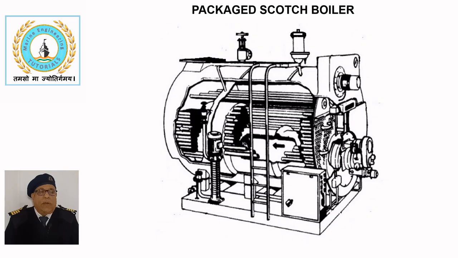Package Scotch boiler. The sketch shows a packaged Scotch boiler with a single furnace and three pass design. Scotch type boilers are usually supplied in package form with all associated equipment mounted on the boiler foundation.